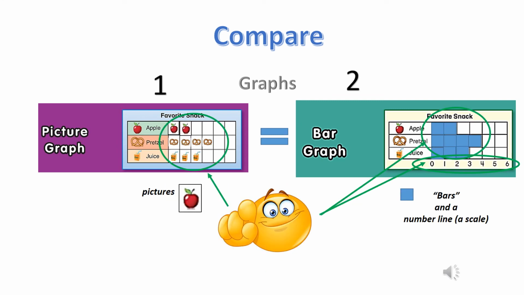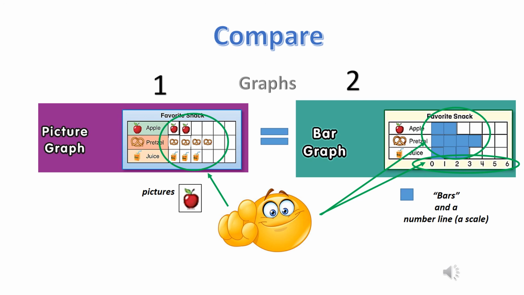Once you fill in the information, they really do look kind of different. The purple picture graph, remember, uses pictures to record each person's answer. If you were doing a survey asking people, what is your favorite snack, apples, pretzels, or juice, you could tell from the purple picture graph that 2 people picked apple, 4 people picked pretzel, and 3 people picked juice. And we show it with pictures.